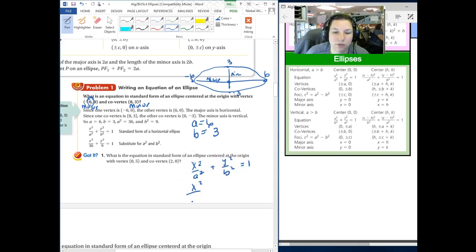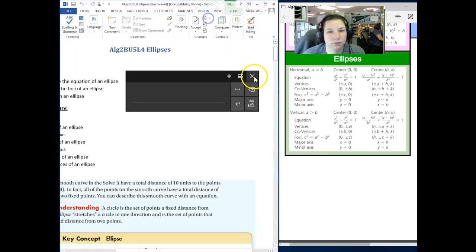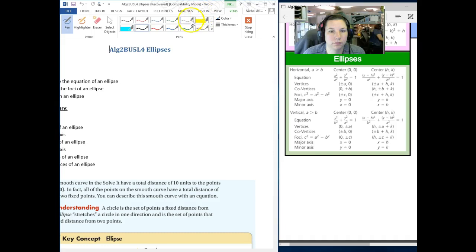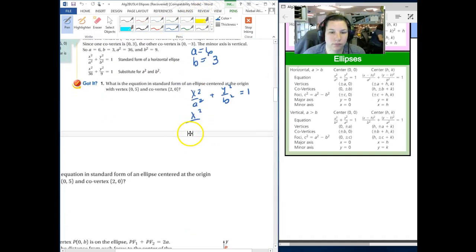A squared is 36. B squared, 3 squared, is 9. So that's our equation.